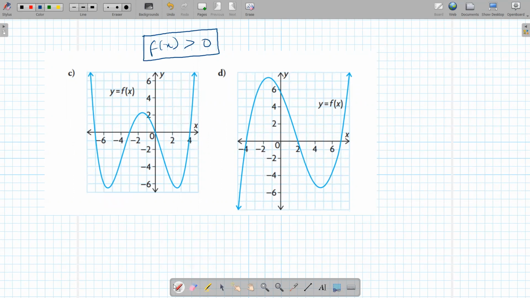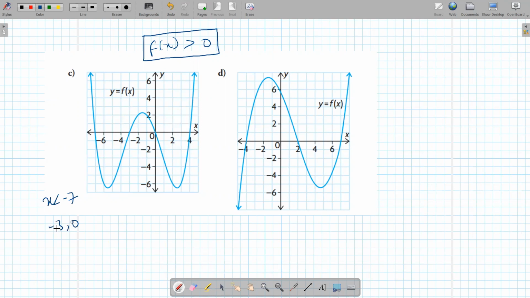So what do we got? When x is less than -7. That's right, that's one of them. Where else? When it's between -3 and 0.